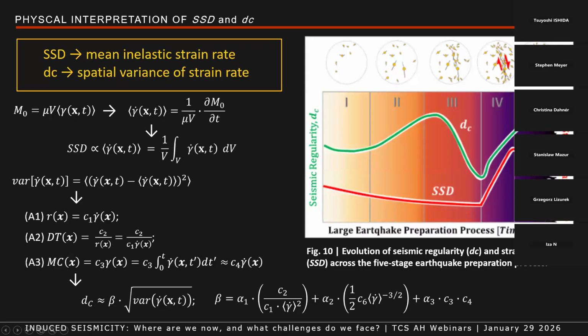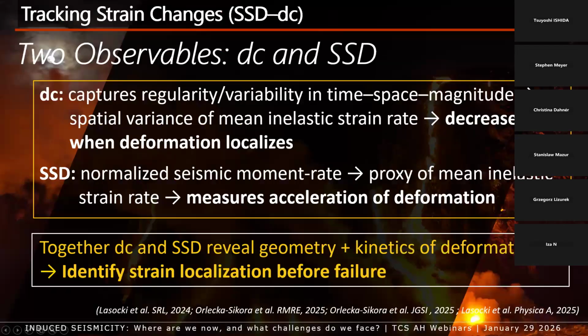Here is the full formula. So we have two parameters: DC, which captures variability in time, space, and magnitude, and SSD, which measures acceleration of deformation, and together they provide a chance to identify strain localization before failure.